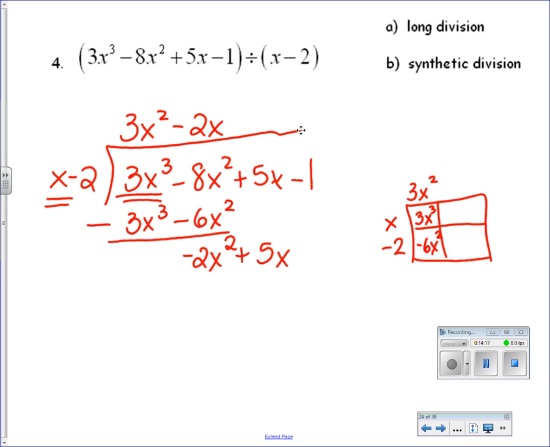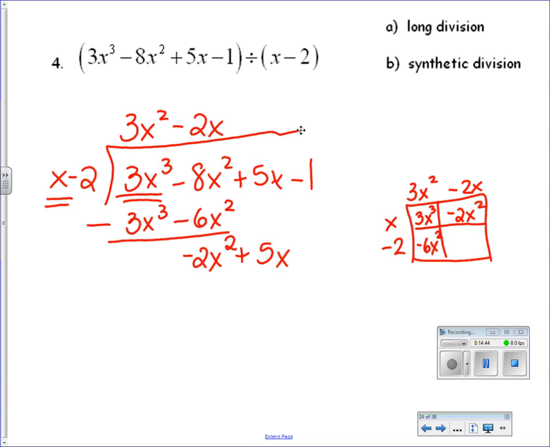Why? Well, because if you go back to this square, see how this is negative 6x squared? What do I need to make negative 8x squared? I would need this to be a negative 2x squared, right? Because negative 2x squared and negative 6x squared would make negative 8x squared. So that tells me from this box, I need a negative 2x.